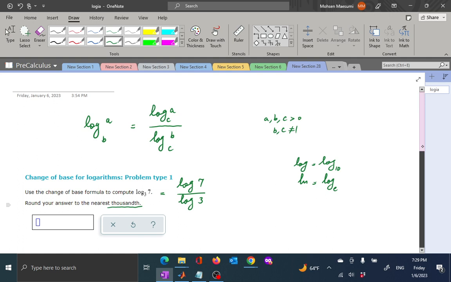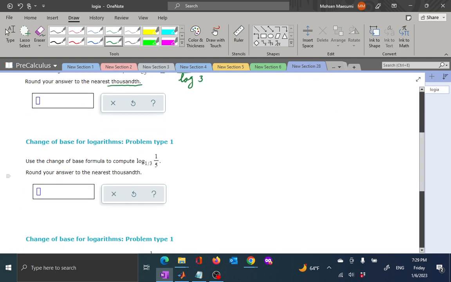Let's write a few more examples. What about this one? Well, you have to do logarithm of 1/5 over logarithm of 1/3. You can just type this exactly as it is. You don't need to do anything additional, but if you wish, you remember that logarithm of a fraction was the logarithm of the numerator minus the denominator.